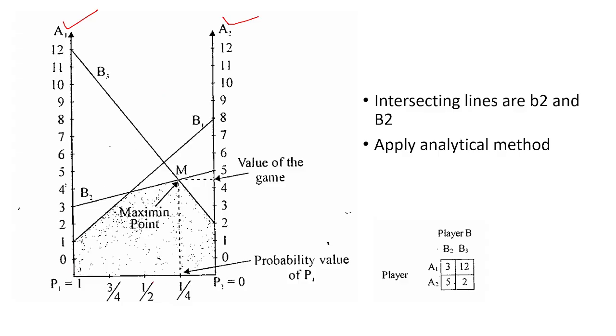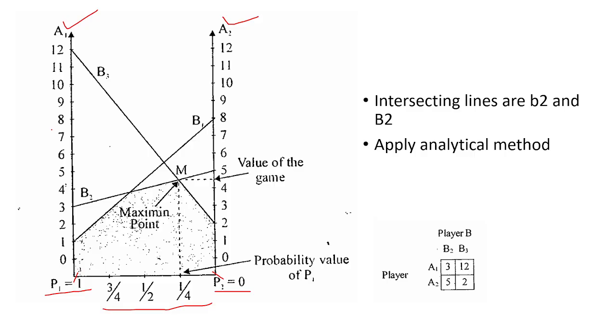Mark the probability values starting from 1 to 0, or you can take it the other way also: 1, 3 by 4, 1 by 2, 1 by 4. P1 value is 1, P2 value is 0. These are all the probabilities of strategy A1.